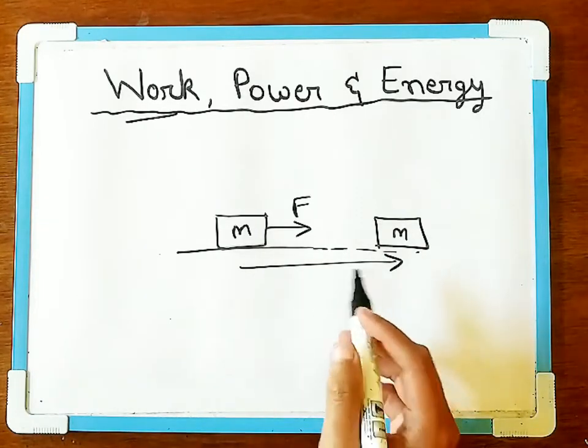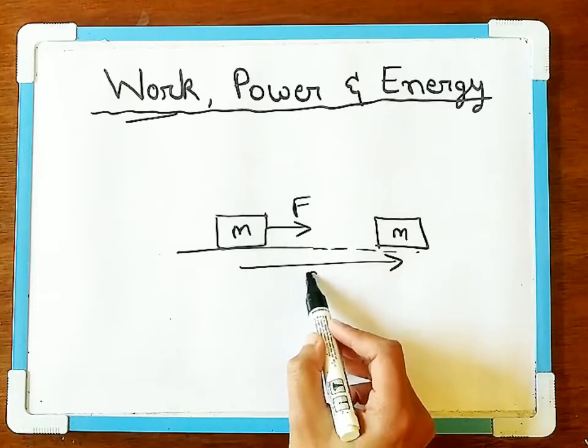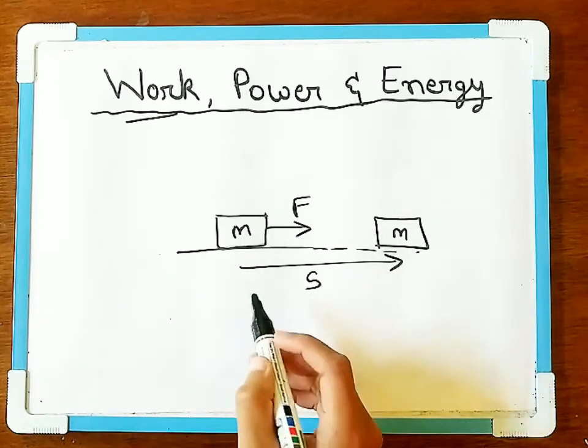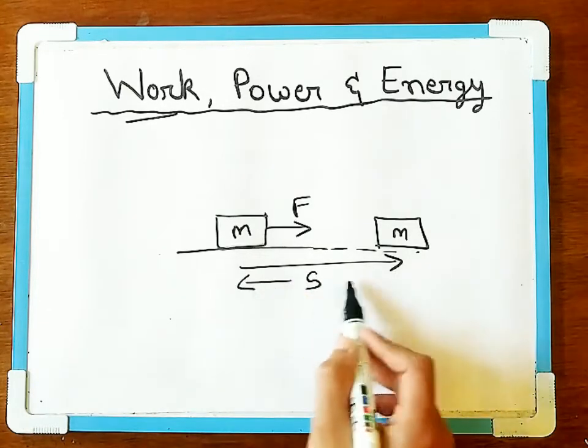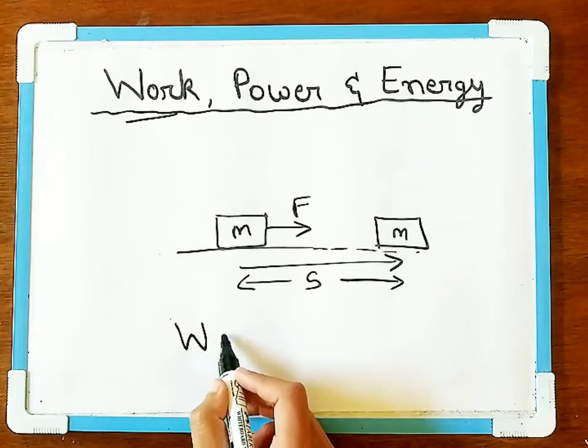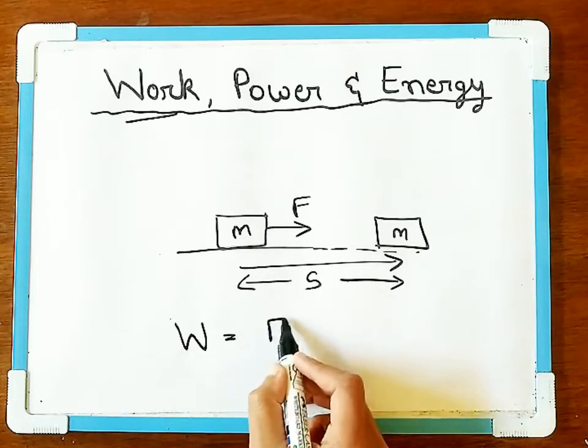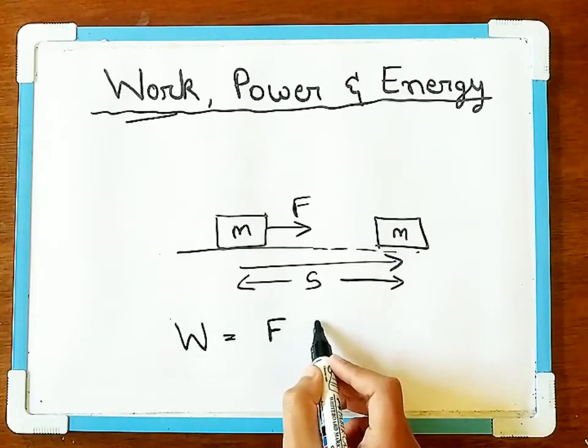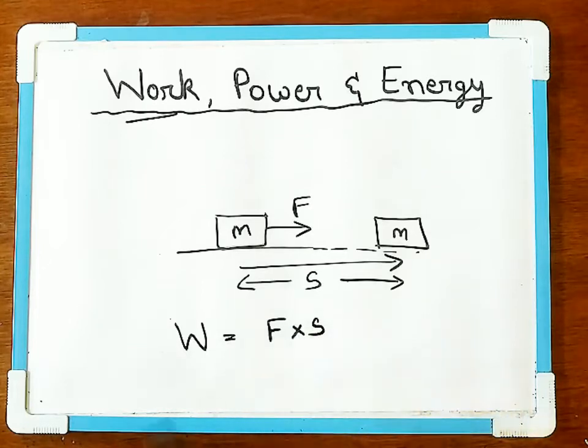And say if S is the displacement of the object, that is from this point to this point, then the work done will be equal to F into S. So the product of the force into the displacement will give you the work done.